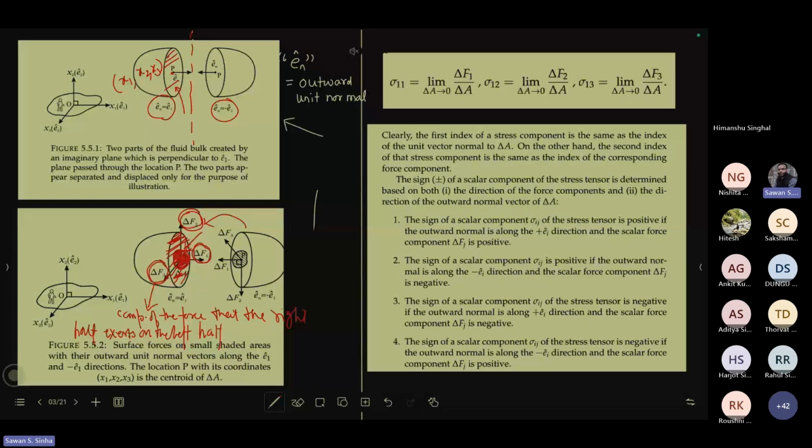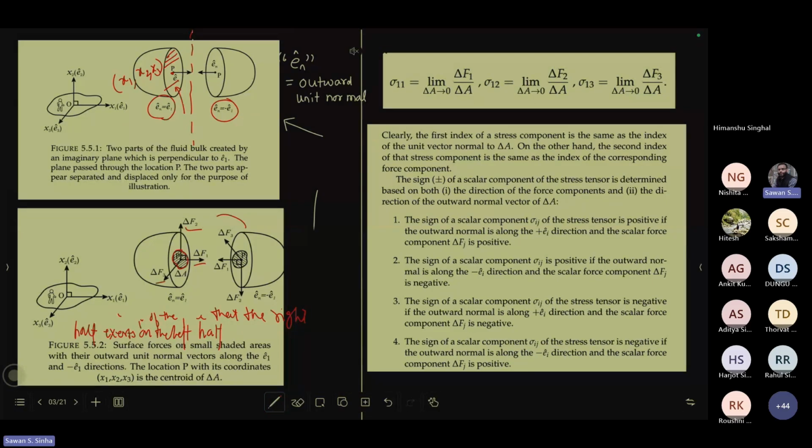So if you go back to your APL 100 notes, you will be reminded that if we have a uniformly distributed force acting on an area, you can replace that uniformly distributed force system by a single force, one single point force, acting where? Acting at the centroid of that area. You can go back and check. That's what we are doing here. So on this particular patch, there is one single force vector with three components.